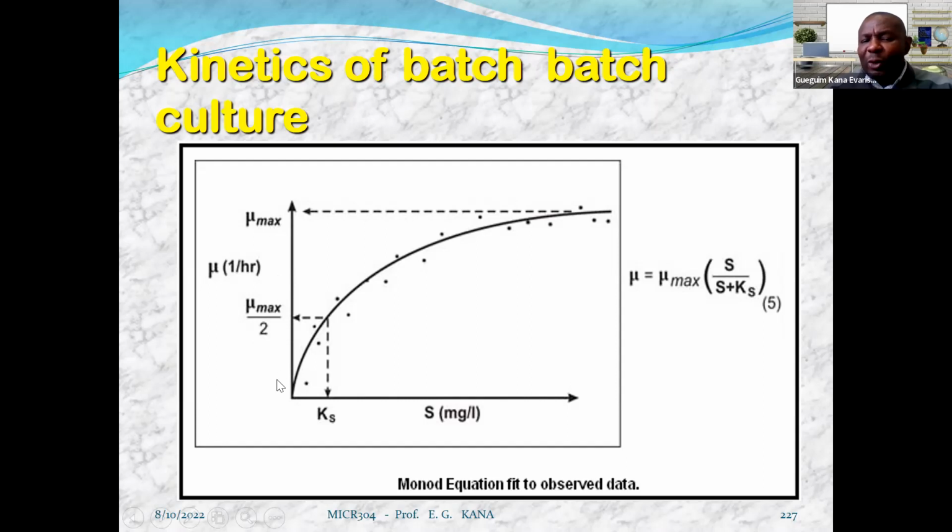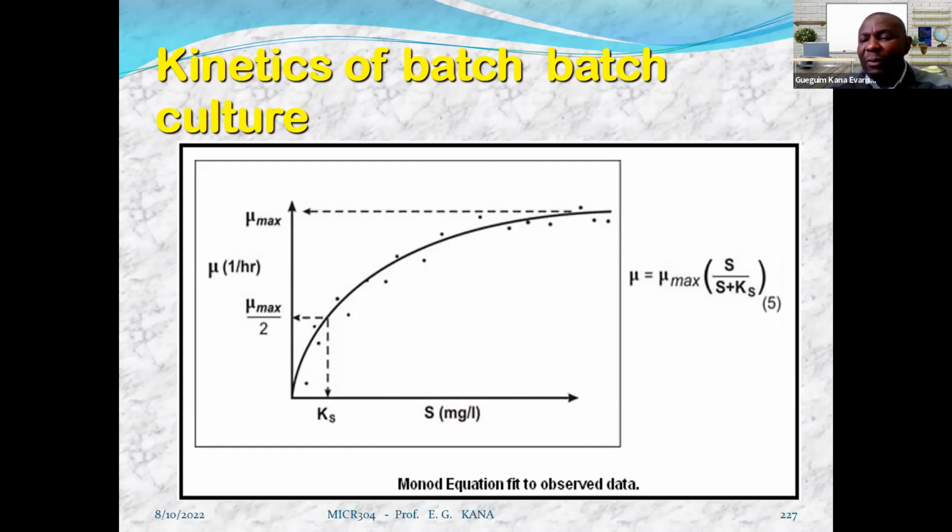Now, we also have another parameter that can be obtained by finding half the value of mu max. That is, what you have as mu max, if you divide by 2, and you find the corresponding substrate to that, that will give you your Ks value.